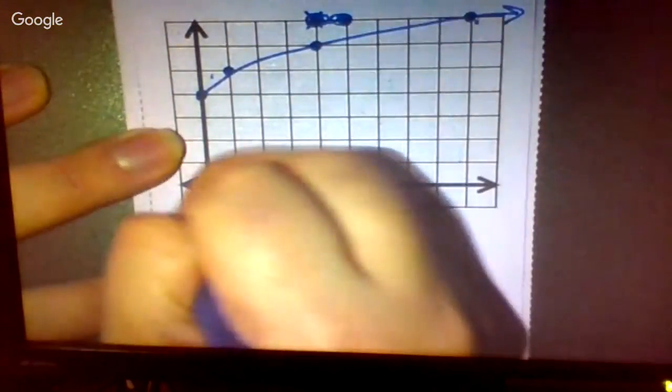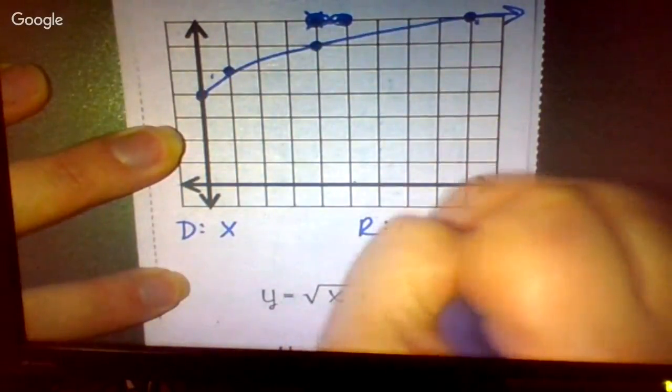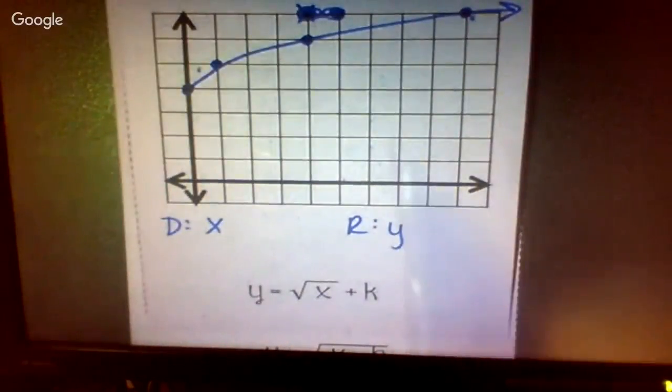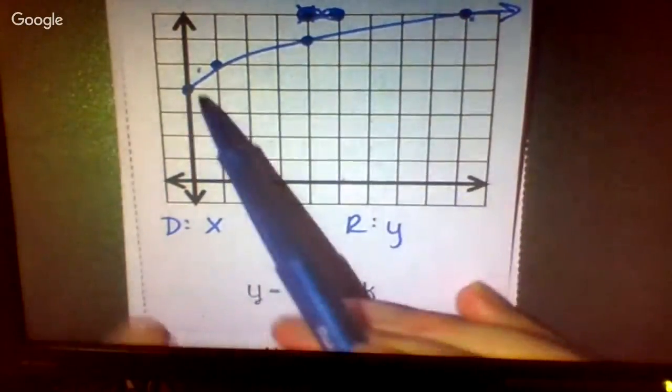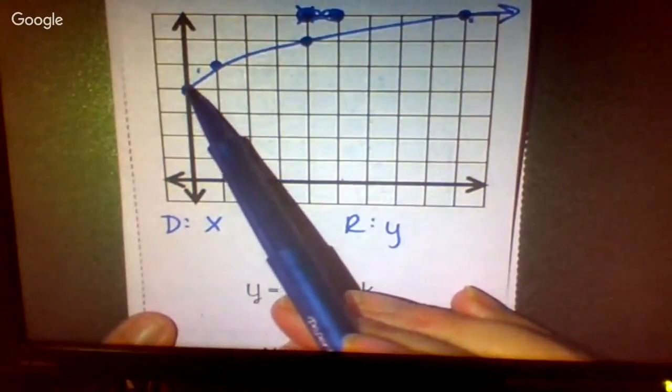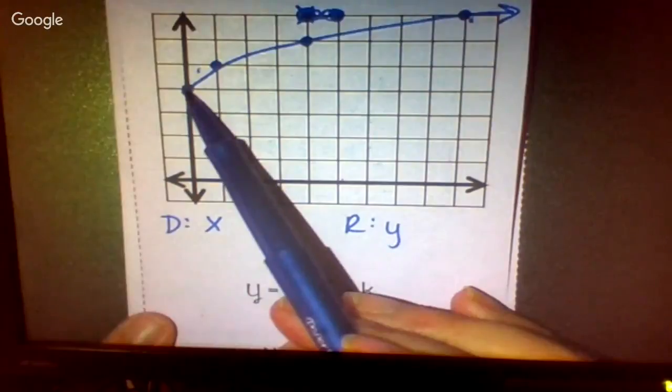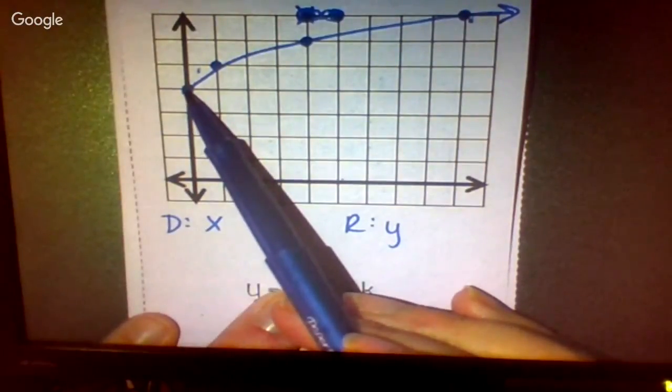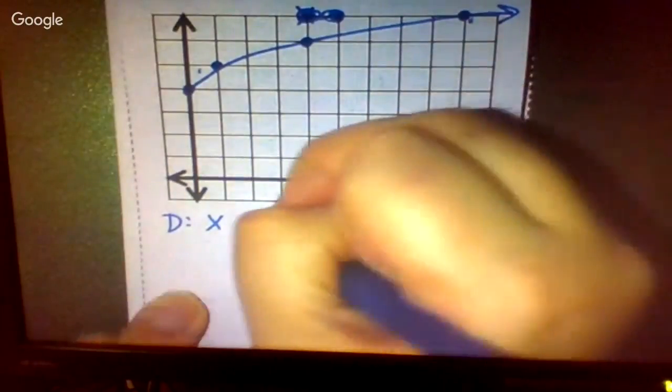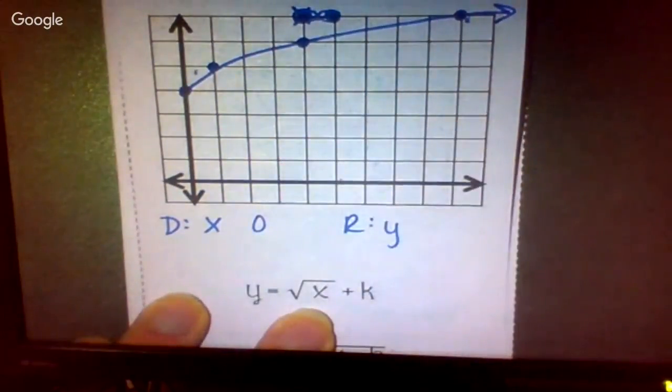Okay, flip to the next page. Domain is your X, range is your Y. Again, find your starting point, which is here. What is my X value here? 0. And is it going left or right?